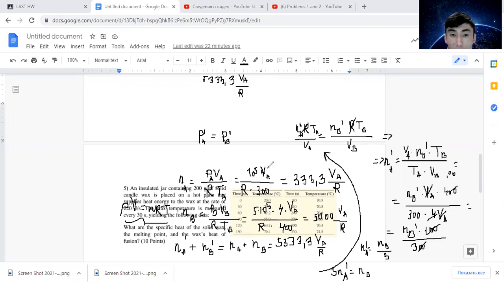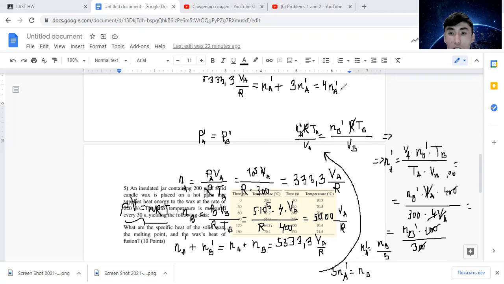We found it here, equal to NA plus NB, right? The number of moles of the B container after the valve is opened equals 3 times NA. It means here will be 4 NA.